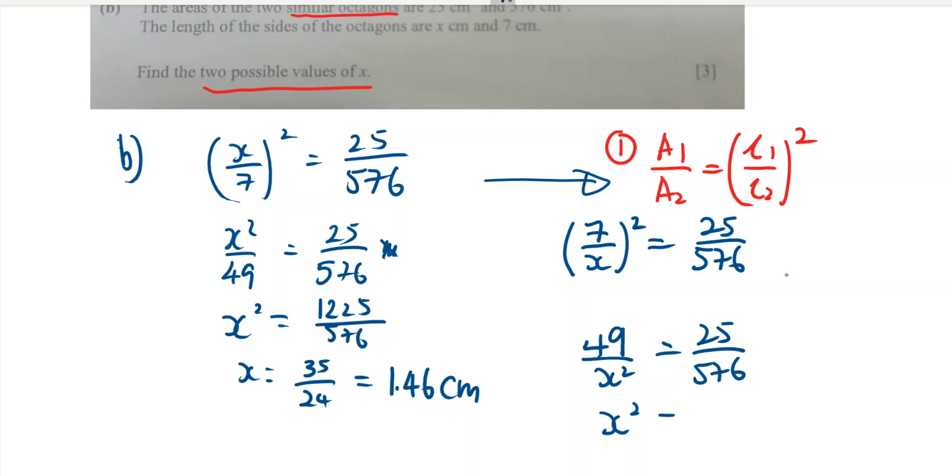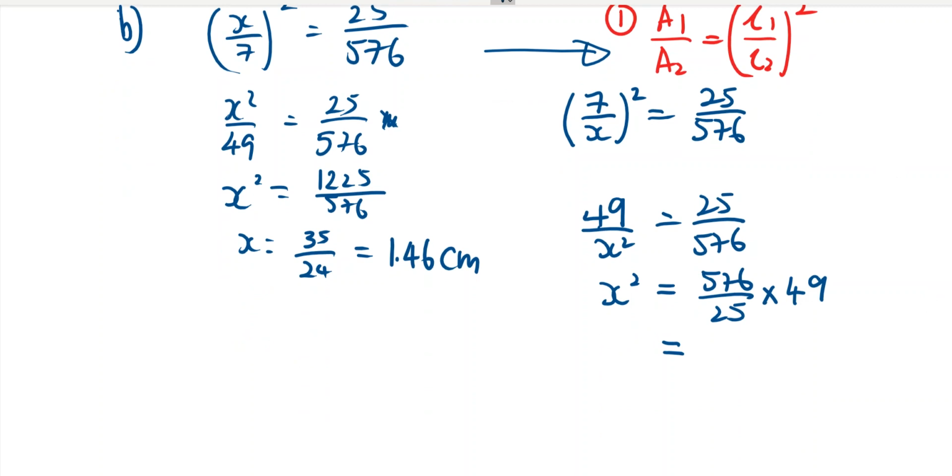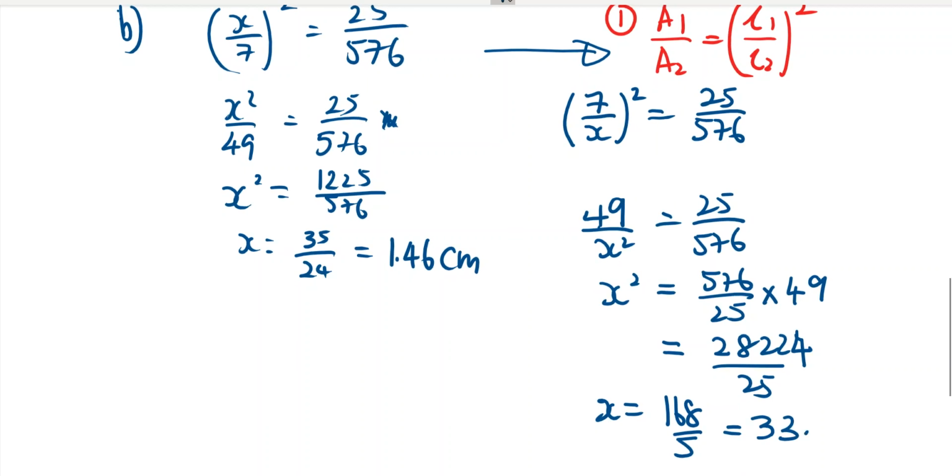So x squared is equal to 576 over 25 times 49. I will have 28224 over 25, and x is equal to the square root of that, which is 168 over 5, which is equal to 33.6 cm.